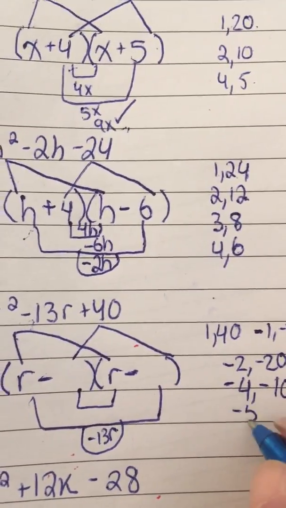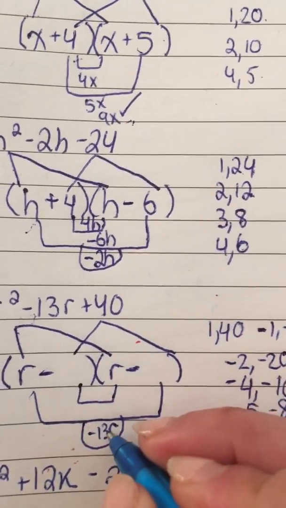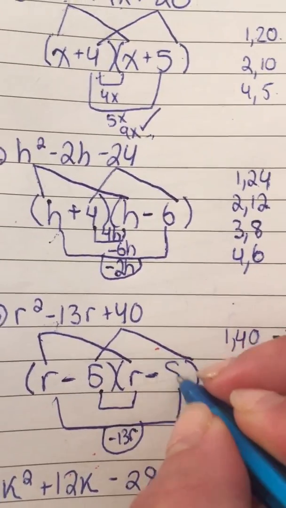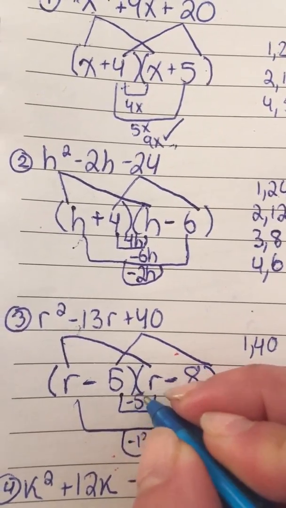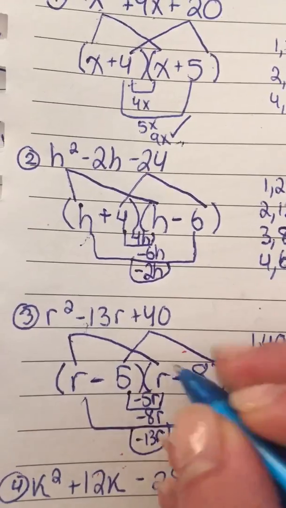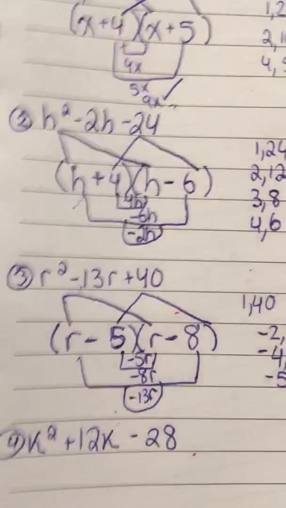We could do negative 5 and negative 8. Oh, and when we add them, we get negative 13r. So there we go, minus 5, minus 8. So this would be negative 5r, negative 8r, and then this works out. So this would be your final answer. That's a 5, not a 6.